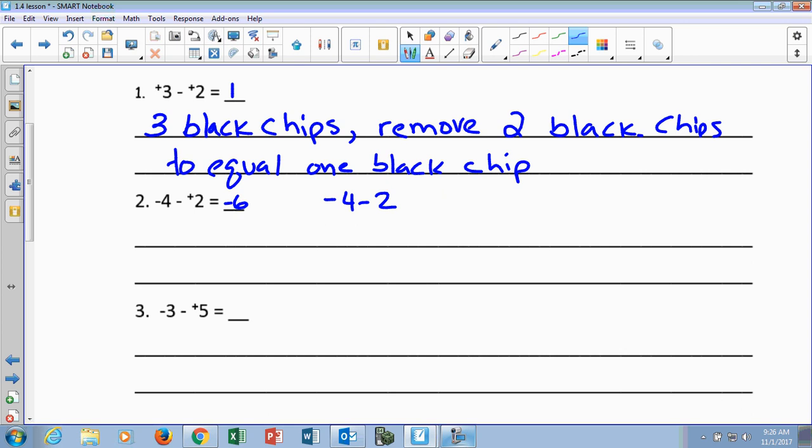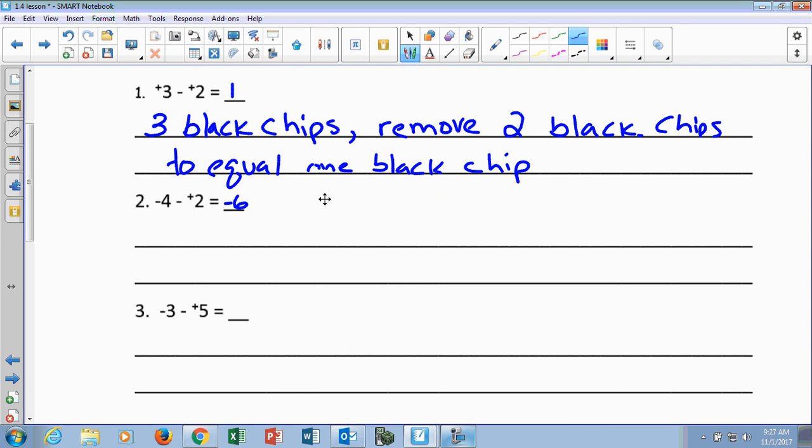So now, think about this, okay? How can I show that with the chipboard where I end up with negative 6 as my answer? Lily? Okay, but if I have 4 red chips and 2 black chips, what is my answer?